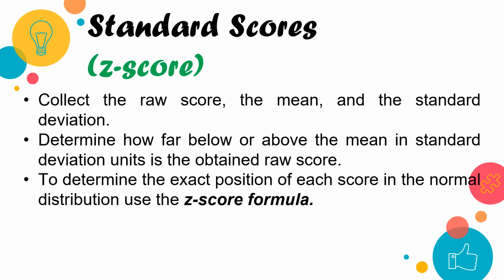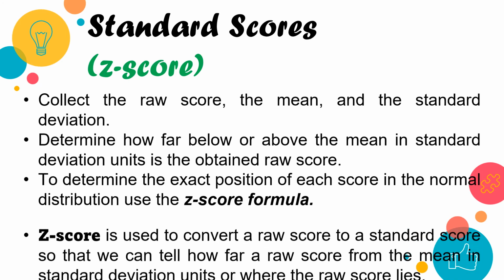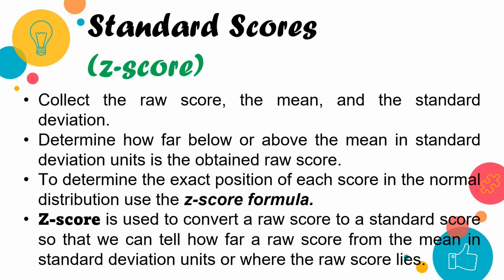So to determine the exact position of each score in the normal distribution, we shall use the z-score formula. So here we have the so-called z-score formula. The z-score is used to convert a raw score to a standard score, so that we can tell how far a raw score is from the mean in standard deviation units, or where the raw score lies.